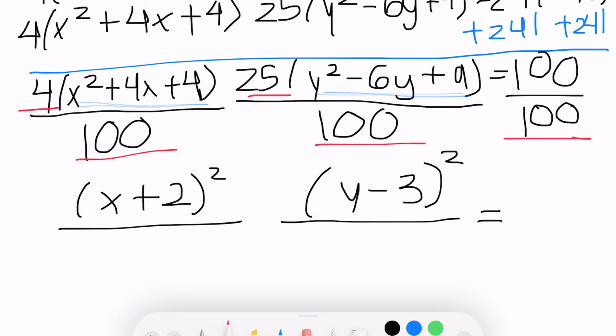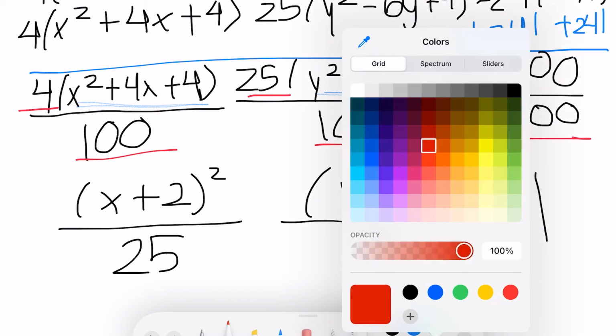And then we also have to simplify the hundreds: 25 over 100, 4 over 100, and 100 over 100. 100 over 100 is 1, 25 over 100 is 1/4, and 4 over 100 is 1/25. But we don't have to write the one, it's not really necessary.